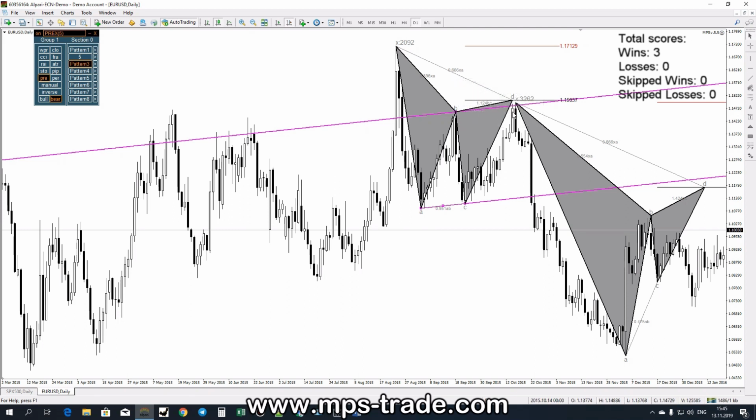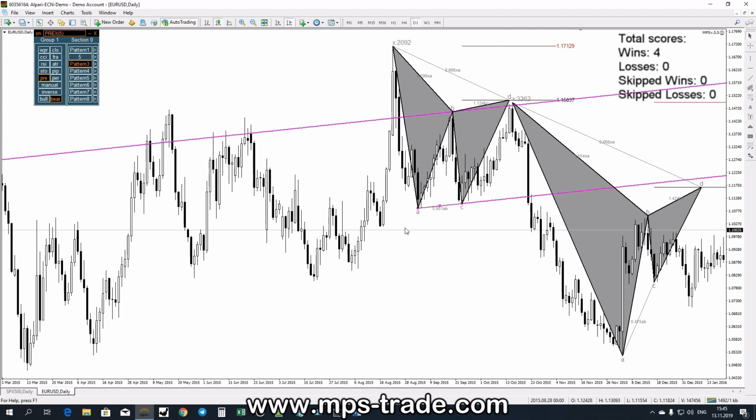Because of these B and C point placements, you have that completion here. It just touches that, and then it gives you a black candle, which is our trigger, and we enter to generate 247 pips.